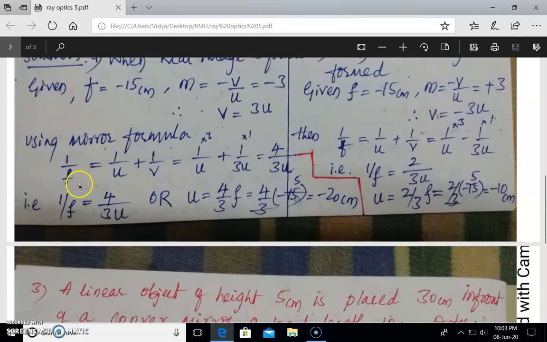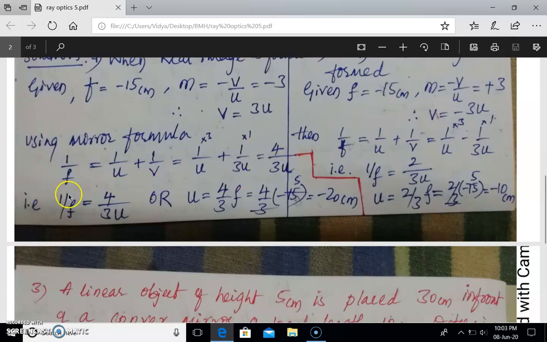Using the mirror formula, 1 by F equals 1 by U plus 1 by V. 1 by U plus, substituting for V as 3U, taking the LCM as 3U, it amounts to 4 by 3U.